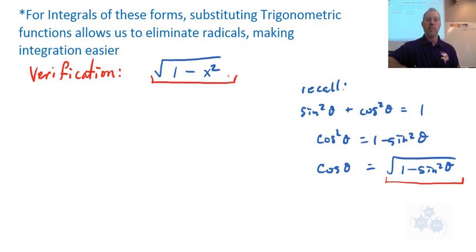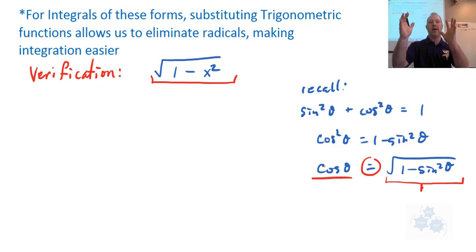And the neat thing is that this is equal to a trig function that doesn't have a radical anymore. So we can actually move from a radical with an expression underneath to a non-radical. The key is using trig functions. So again, this is really important, noticing 1 minus sine squared theta, this is the pattern that we see there.